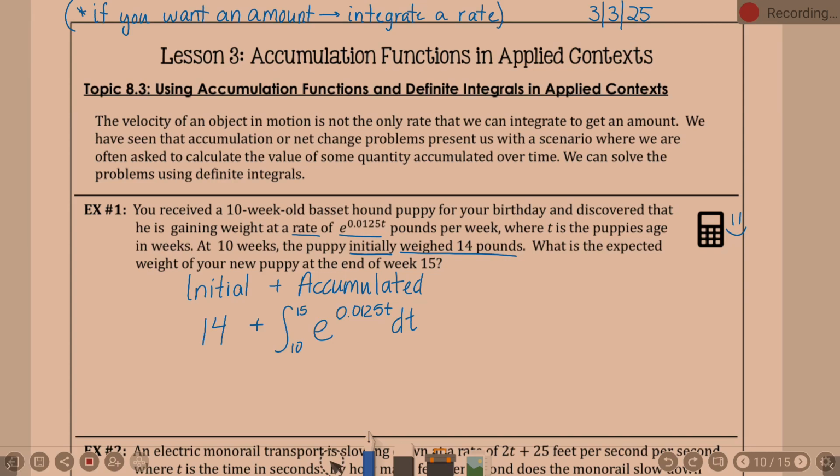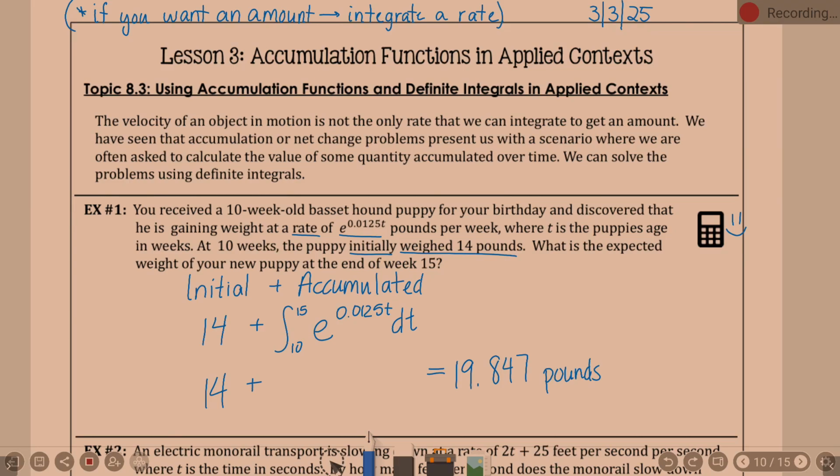Plug it in. It's your job now. This is not something that we're going to do by hand, because that would just be ugly. Augie says 19.847 pounds.